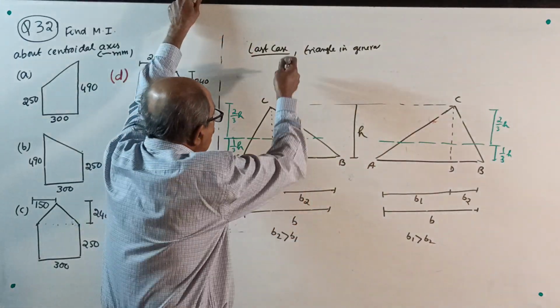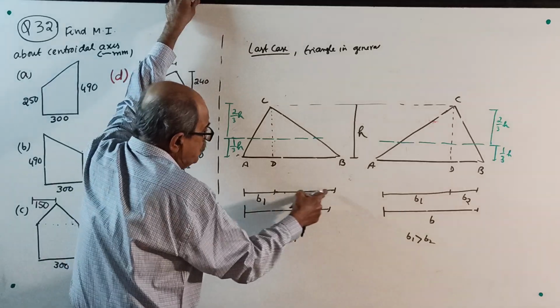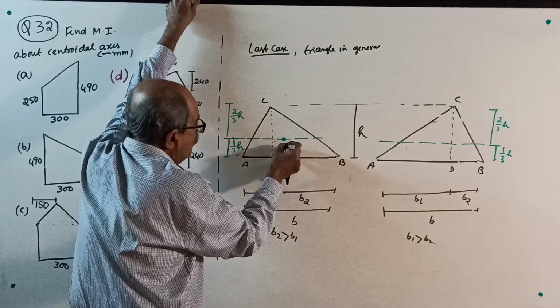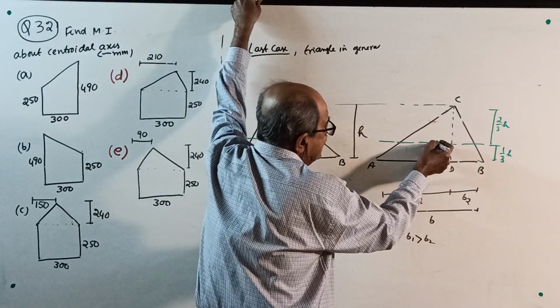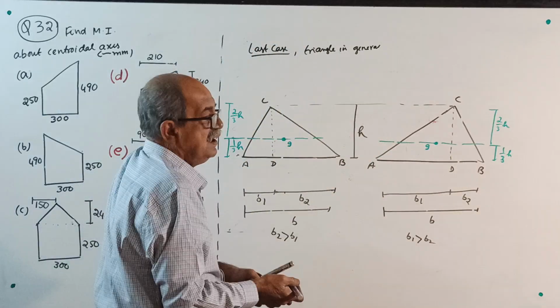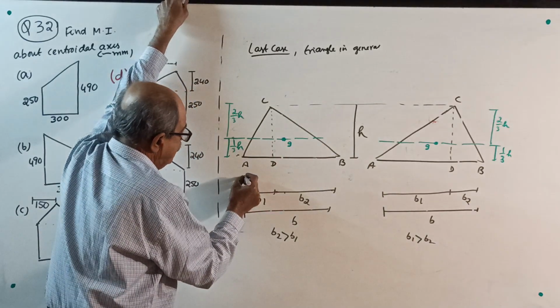But on the other side, see, this centroidal axis. If B2 is more than B1, the centroid will be somewhere here. I told you, where the area is more, the centroid will be on that side, here, G. Now, there is a formula to locate this centroid.